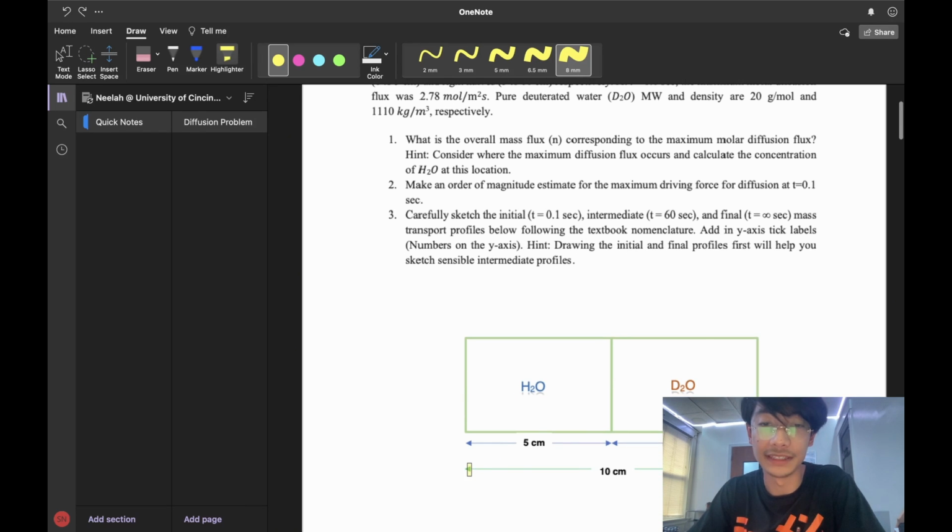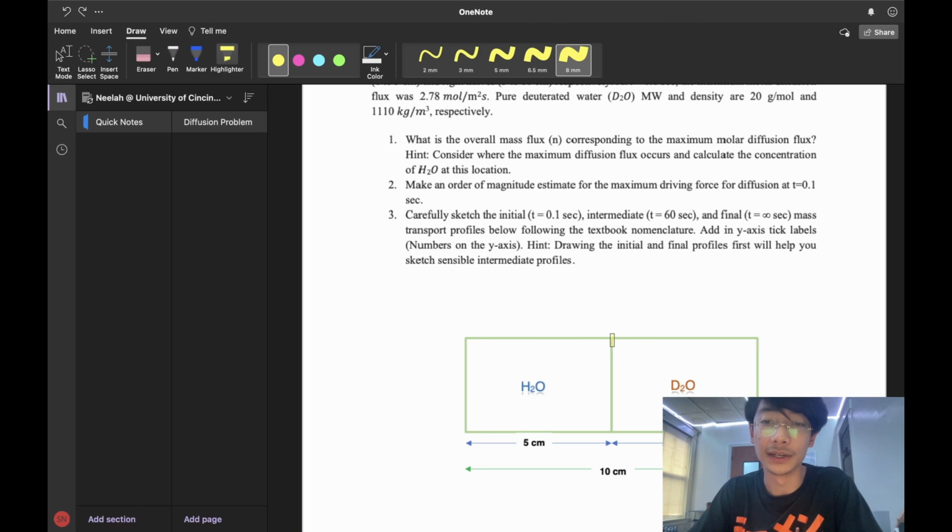So we have a 10 centimeter long capillary, and from 0 to 5 centimeters, we have pure water, H2O, and from 5 centimeters to 10 centimeters, we have D2O. Both of these liquids are separated, and they both occupy the same amount of volume. So that's the problem we have here.